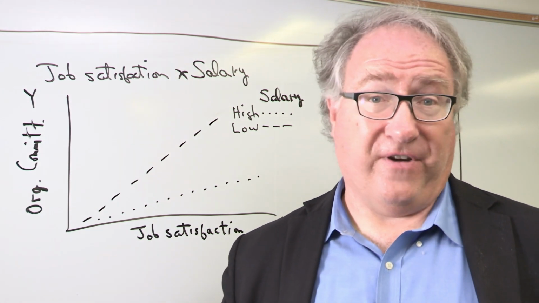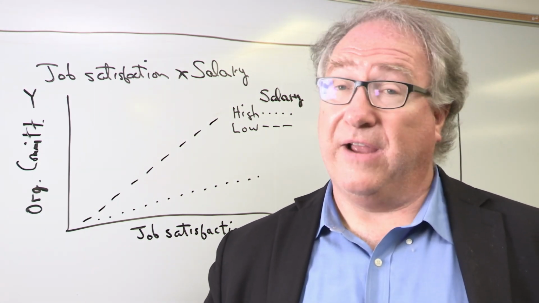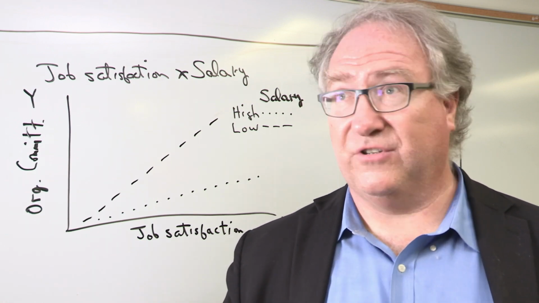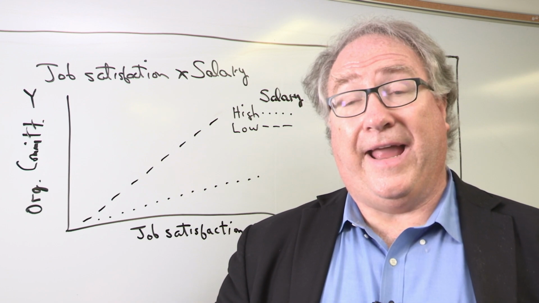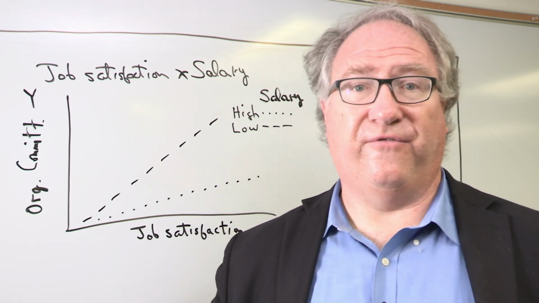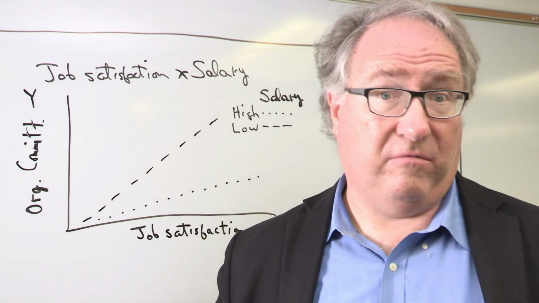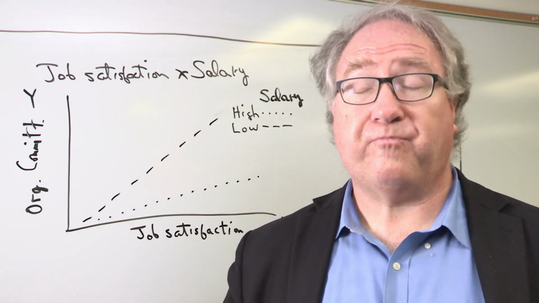And I've never seen a five-way interaction. Maybe I just don't get around much, but I've never seen a five-way interaction or a six-way interaction, okay? And I'm trying to recall in my memory here if I've ever seen a four-way interaction. I can't recall right now. I mean, it's very rare.